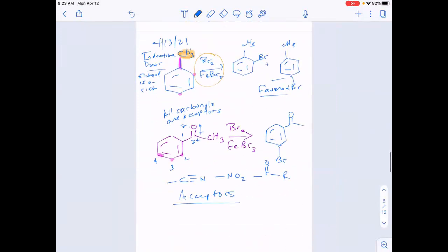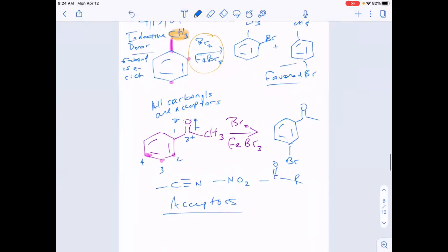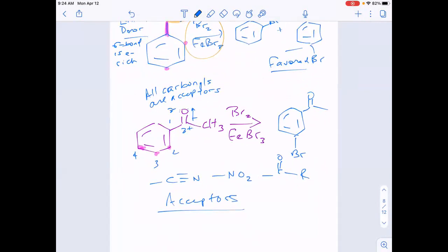I have a question. Go ahead. So on the last problem you did, the addition that you added, the carbonyl, was that the substrate? You're talking about this one in purple? Yes. So the carbonyl is a substituent on the ring, but it's the ring that's doing the reaction, right?